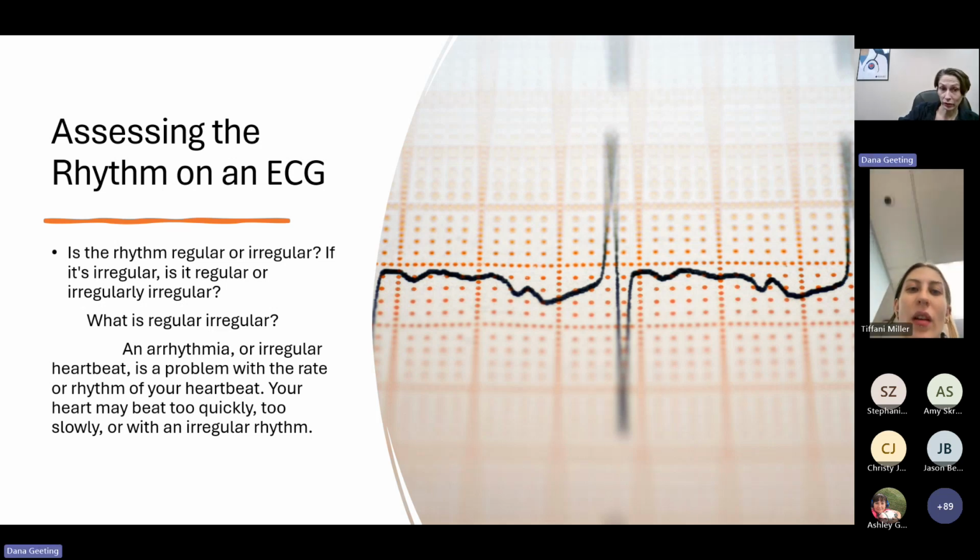So regularly irregular would be an arrhythmia, an irregular heartbeat, kind of like a sinus arrhythmia. It is the problem with the rate of the rhythm, not the actual complex of the rhythm. And it's usually the rhythm or heartbeat is too fast or too slow.